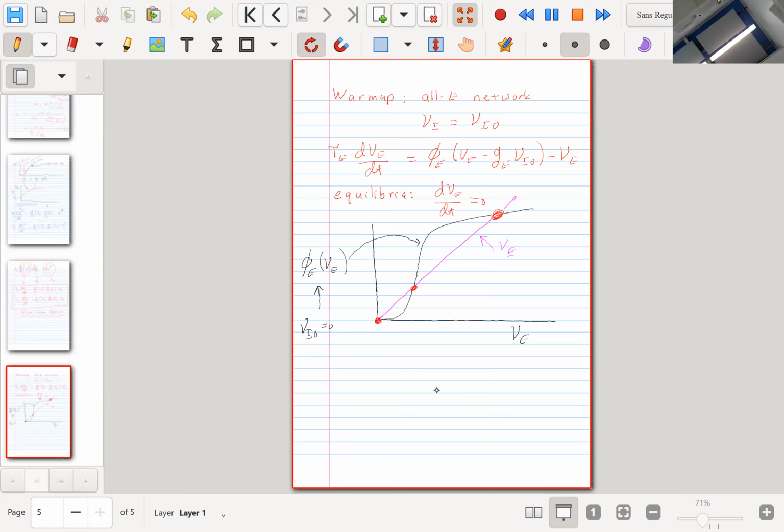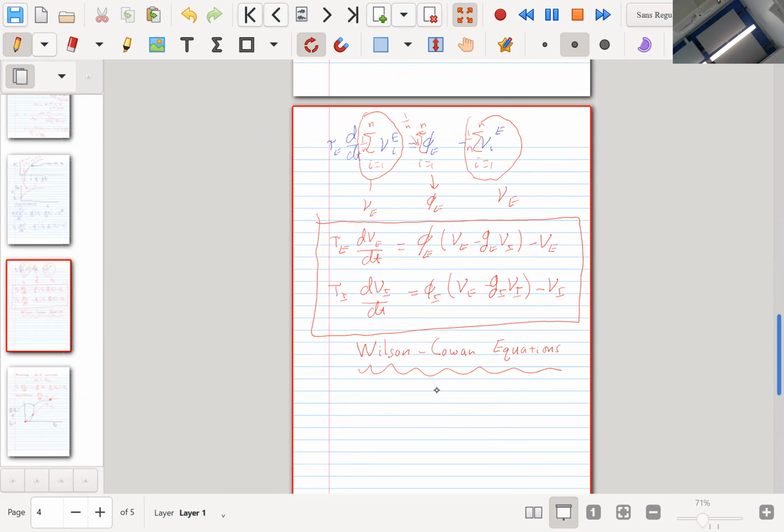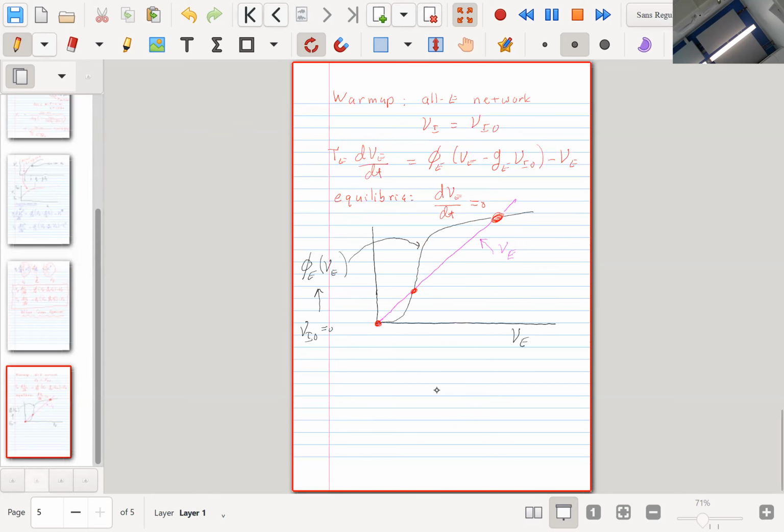So that tells us the fixed points. This one is close to 0. This one is some finite value. That one is of high firing rate. So we know this one is going to be on the order of 100 hertz, maybe 200 hertz, maybe 50 hertz, but pretty big.